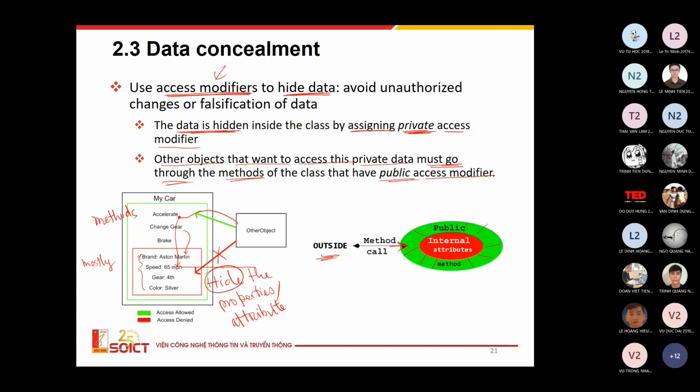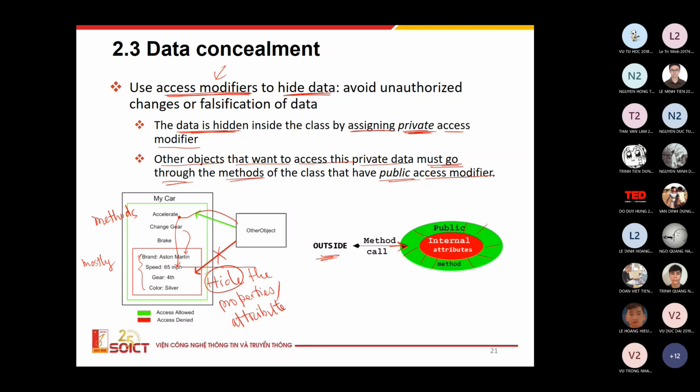Chỉ những thuộc tính và phương thức nào có phạm vi truy cập public thì từ bên ngoài mới có thể nhìn thấy. Các bạn hình dung nó giống như có một interface ở giữa class và bên ngoài, đúng không? Thế thì bây giờ cái nào public thì bên ngoài mới nhìn thấy, còn cái nào là private thì chỉ nội bên trong class đấy nhìn thấy nhau mà thôi.